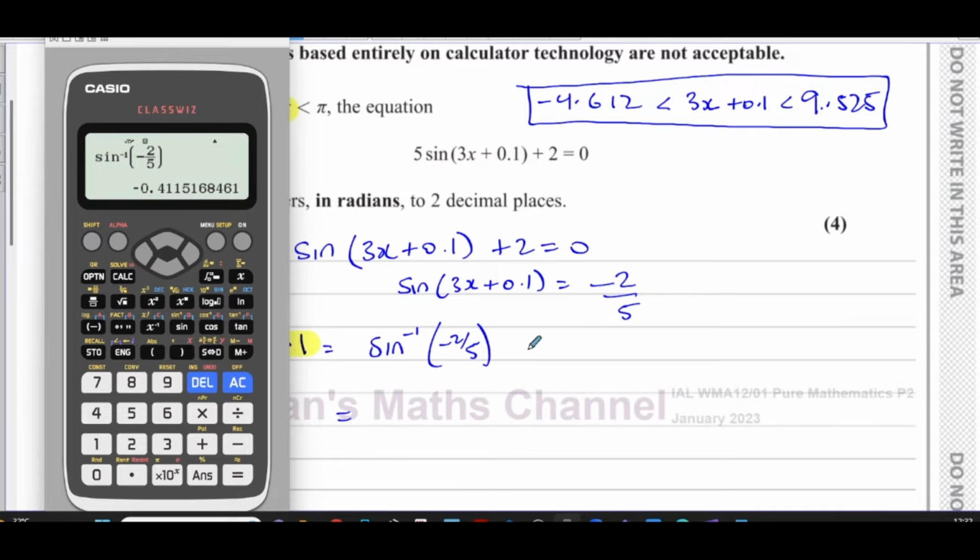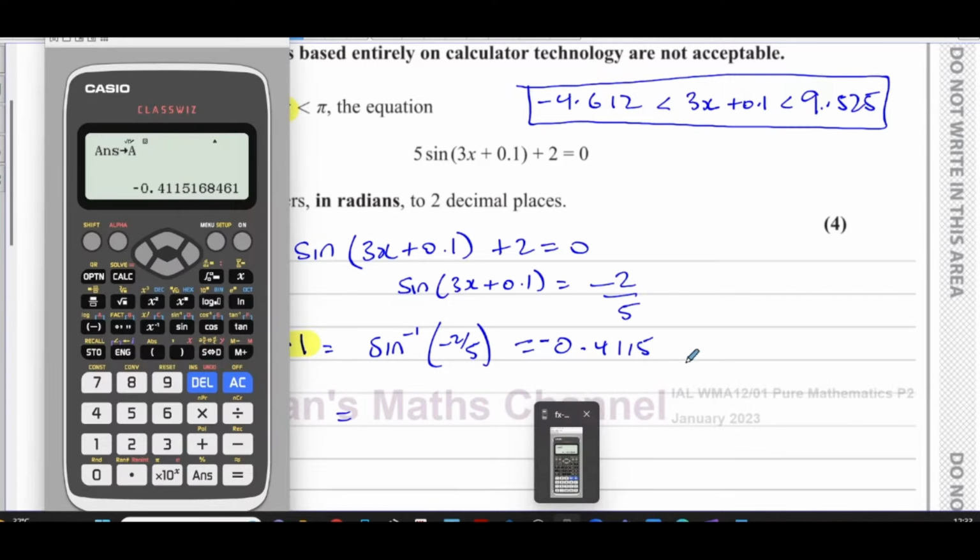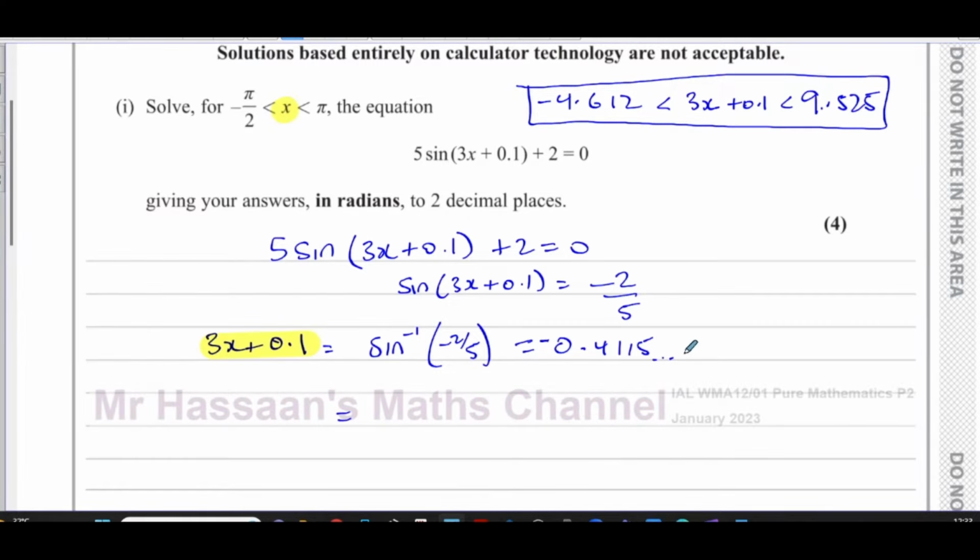I'll write that down as negative 0.4115, and I'll store this as A. So 3x plus 0.1 equals negative 0.4115. I've written it to more decimal places than I need. That's my first answer, called the principal solution, the solution that the calculator gives.